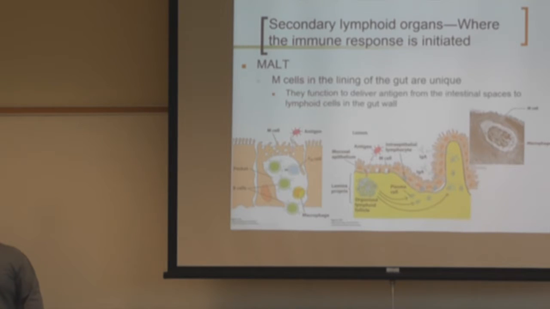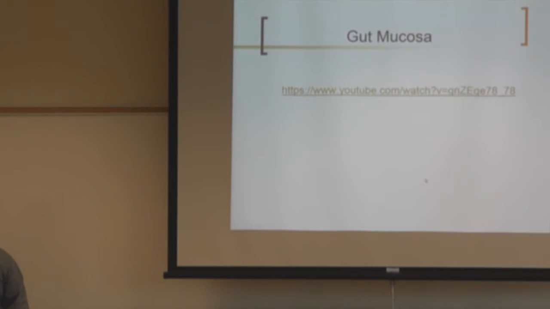Their role is to basically be really leaky and allow lots of antigens to come into these B cells and T cells and do the same thing that happens in the spleen or in the lymph nodes. But it also has the additional role of, as long as there's no danger signals, maybe we're going to induce a suppressive response.